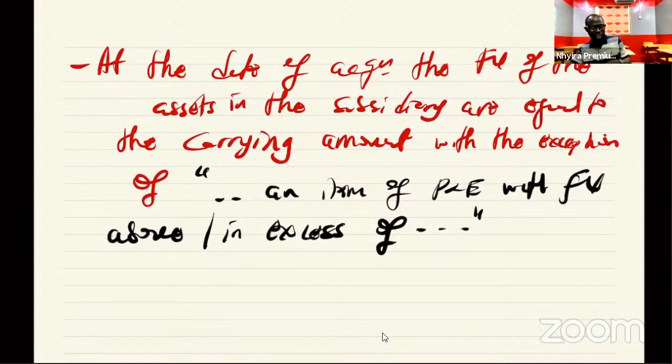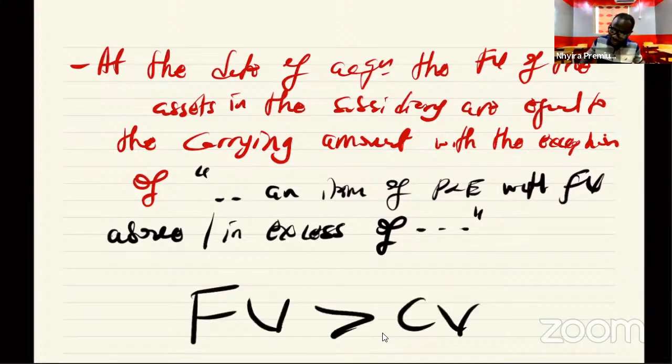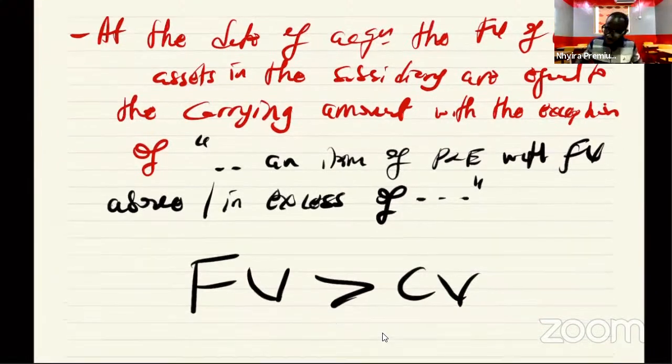So stay with me carefully here, because these are the illustrations you're going to see in the exam hall. At the date of acquisition, the fair value of the net assets in the subsidiary are equal to the carrying amount with the exception of, say, an item of plant and equipment with fair value above or in excess of this. Now, when we read this, what it then means is that the subsidiary had understated their assets, because if the fair value of the assets is greater than the carrying value, it means that it results into what?